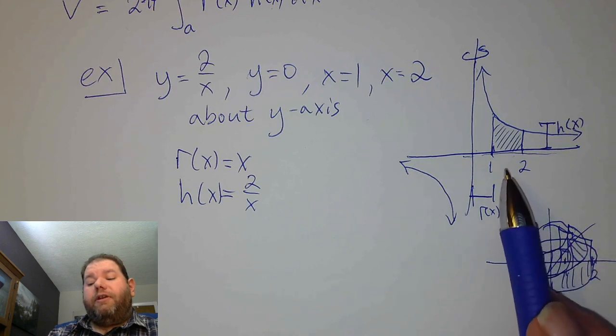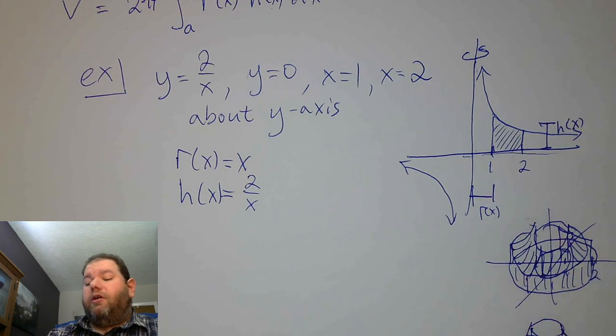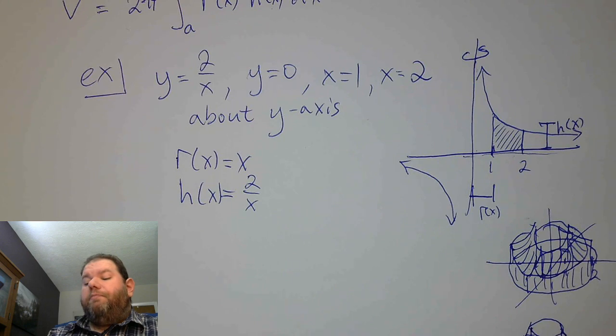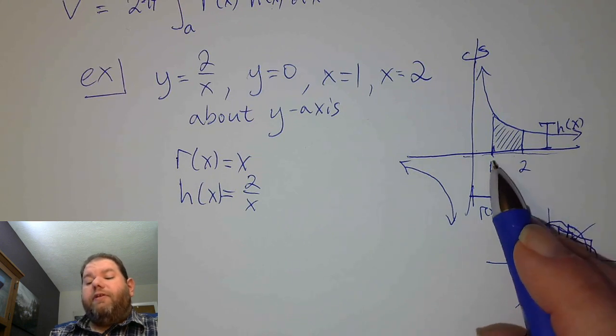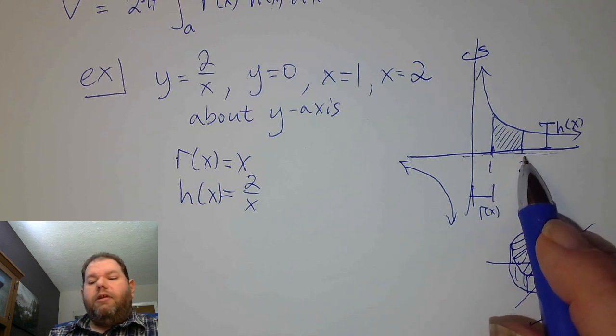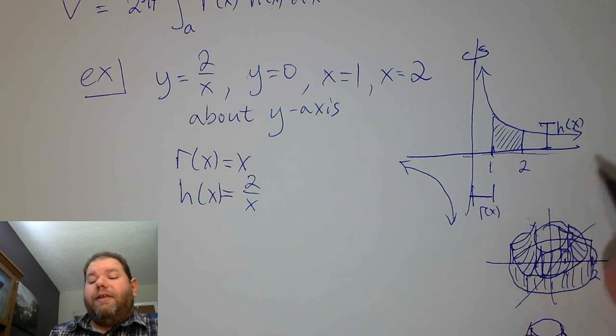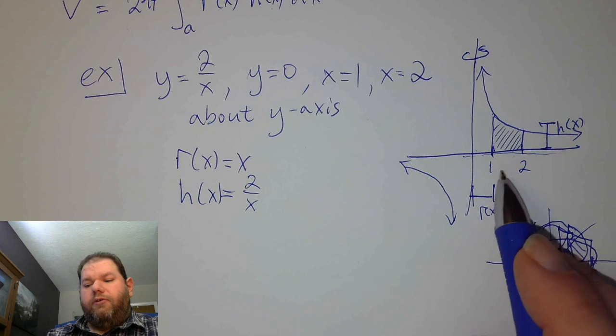So we're only creating cylinders from 1 to 2. We actually are going to have an empty space through the middle of this thing, but then we have this solid region that exists from 1 to 2, because that's where our cylinders are being created. That's the limits of integration that we're going to use, 1 to 2.